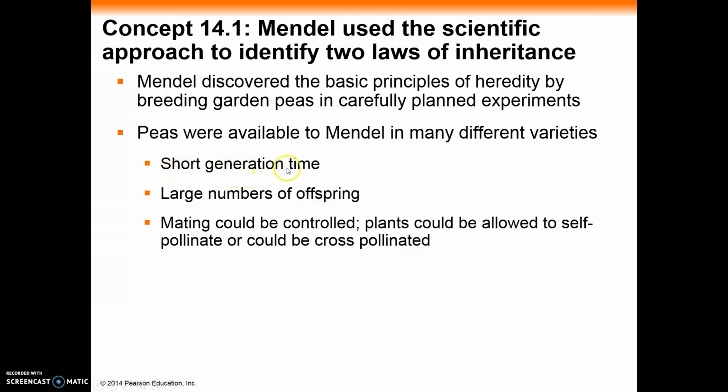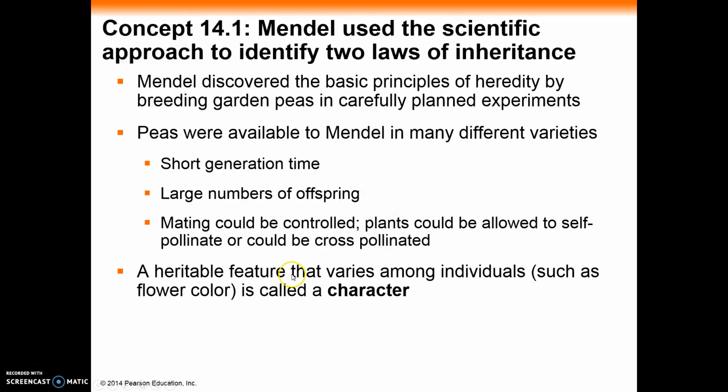They have a short generation time, so he could breed plants, grow them, and then see the results fairly quickly. Also, they produce large numbers of offspring. This allows for better statistics. And mating could also be controlled, so you could decide whether you would allow a plant to self-pollinate or to cross-pollinate. And I'll come back to this idea.